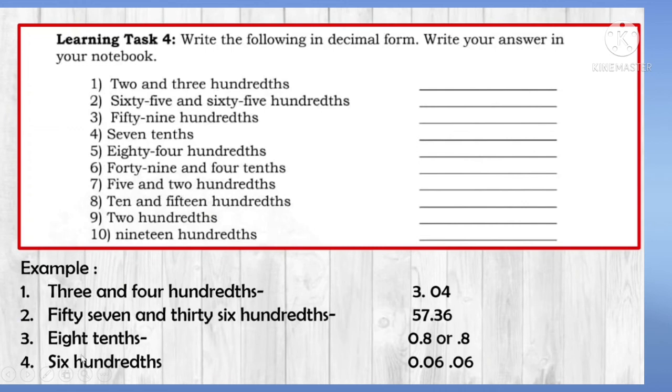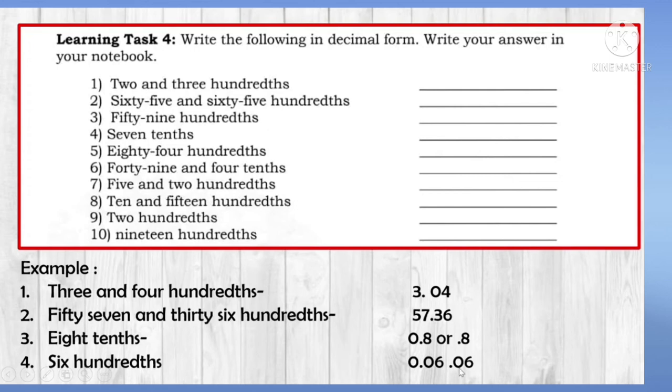Yan. Next, number 3. 8 tenths. Paano yung 8 tenths? Ganito lang siya: 0.8. Okay? The next, number 4. 6 hundredths. Iba yung hundredths sa hundreds. Okay? Pag may TH, meaning after yun ng decimal. Ganito po siya sinusulat: 0.06.